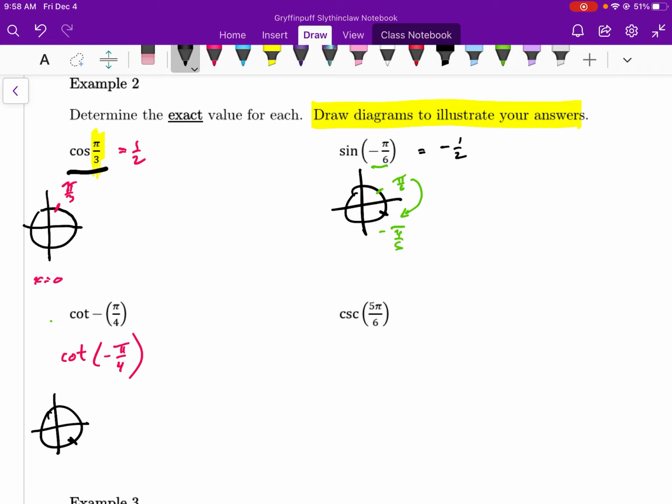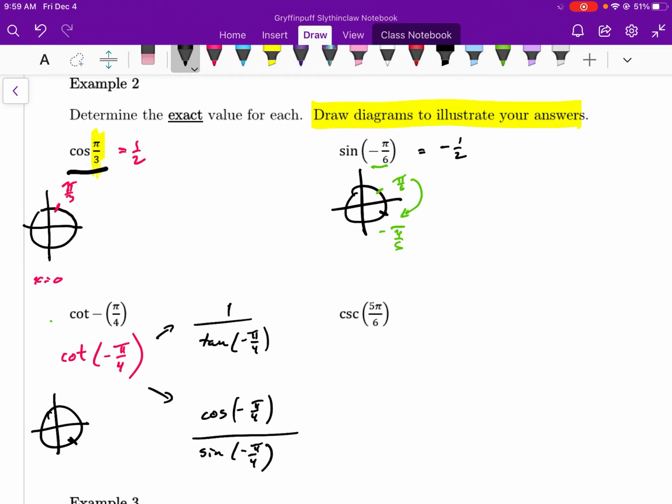And depending on how you're looking at this, you can think of it as 1 over the tangent value of negative pi over 4. Or you can think of it as the cosine of negative pi over 4 divided by the sine of negative pi over 4. It's really your choice.